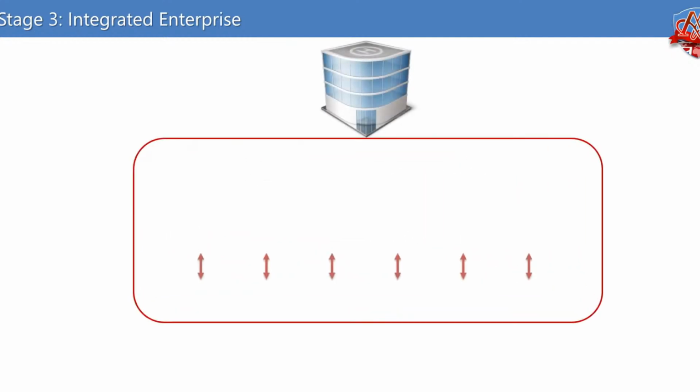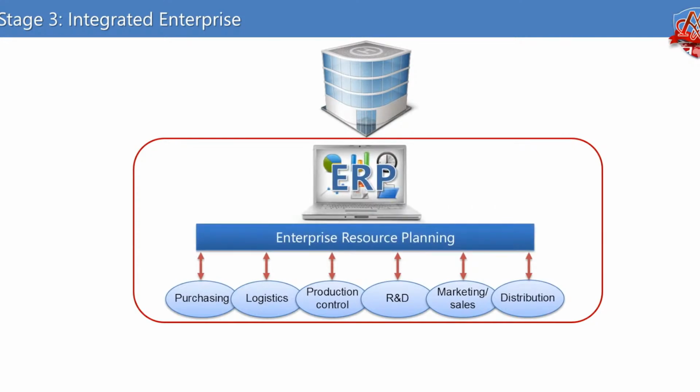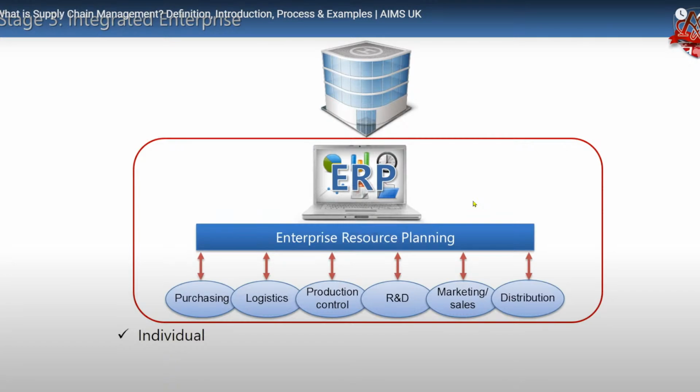Stage 3. Integrated enterprise. These organizations are fully integrated between departments using enterprise resource planning, or ERP. This is a prelude to end-to-end supply chain management, as explained in the below exhibit. Individual firms. Here is logistics, right? And this ERP forms the major component of supply chain because it includes integrating all these different domains, right?